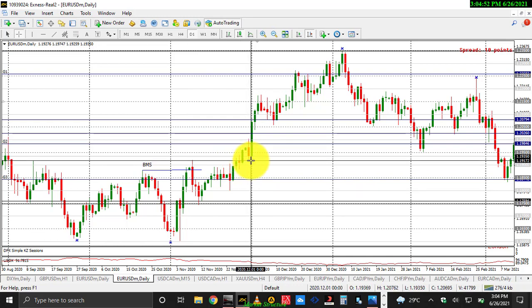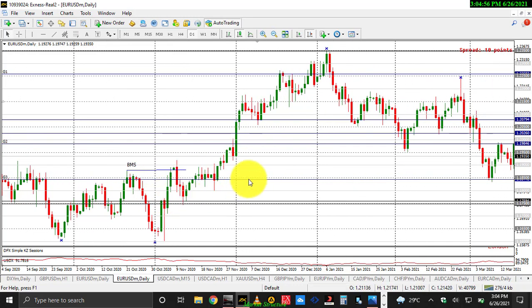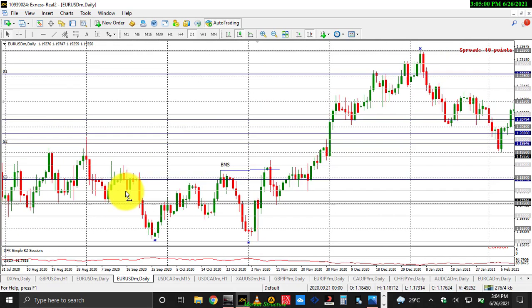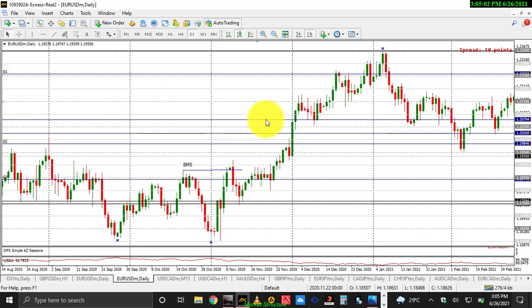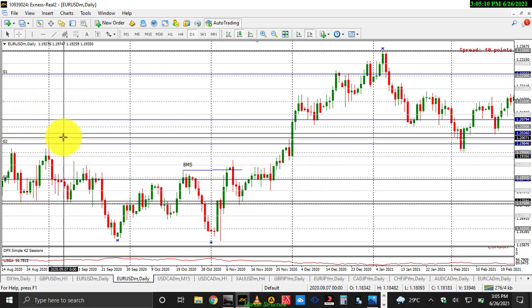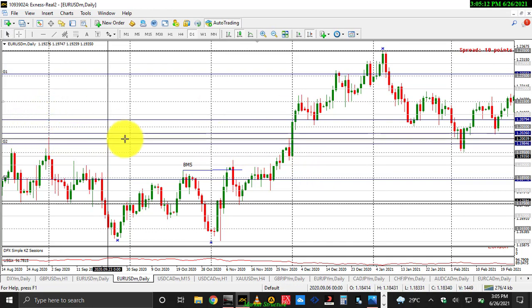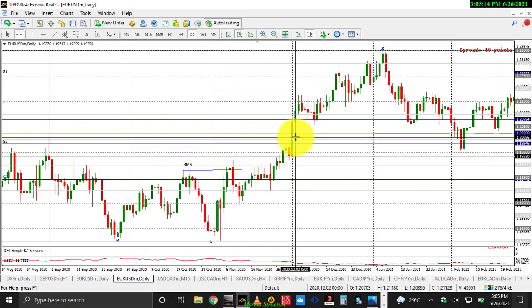You took that high over there, and since then price is making higher highs. And the next high is here, and that one too was taken around this area.